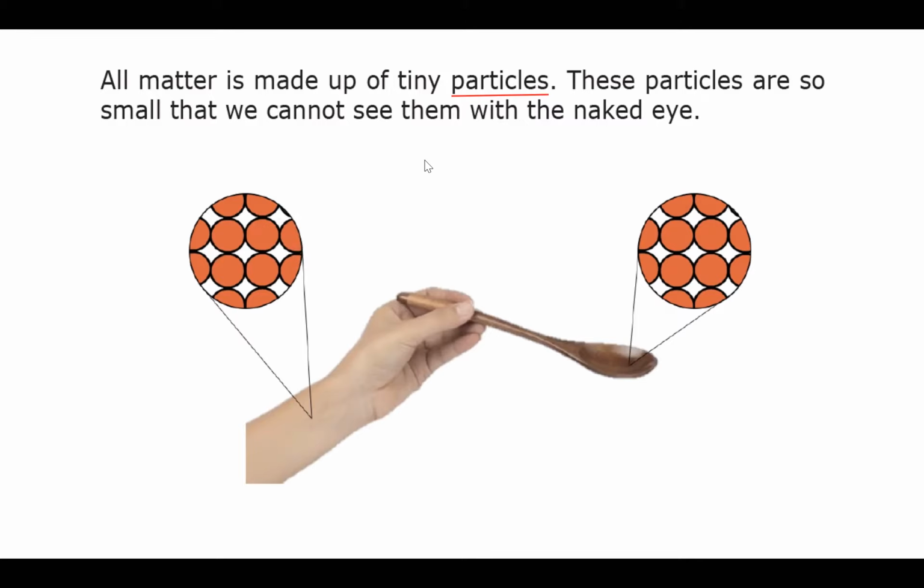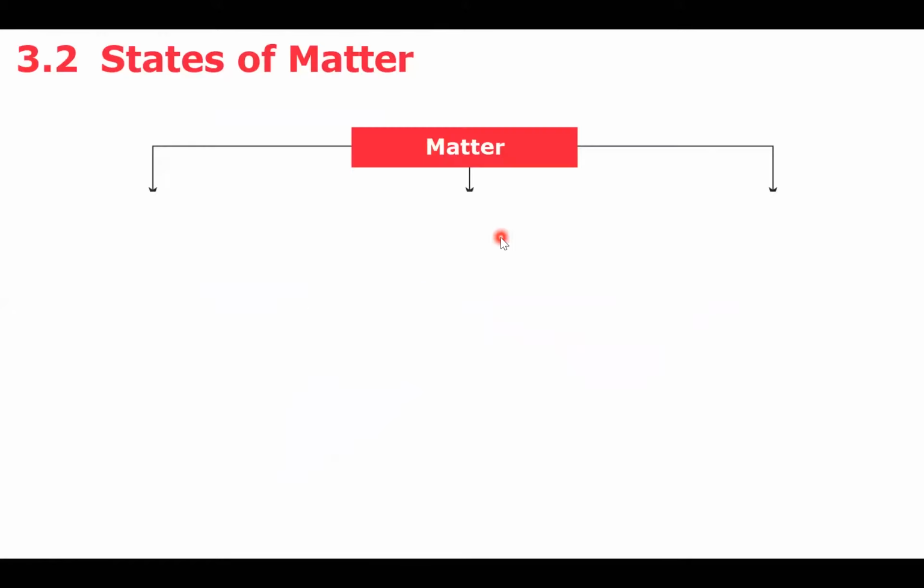And they are very tiny. You cannot see them with the naked eye. Tak nampak dengan mata kasar, only if you have a really strong microscope, a really advanced type of microscope. So matter is made out of these tiny, small, round balls that we call particles, and all matter is made out of particles.